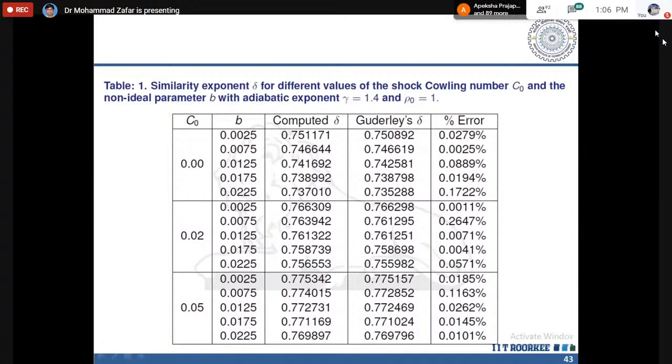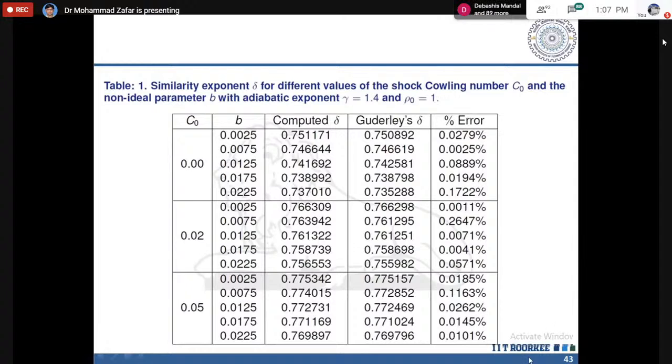Similarly, using the calculation which we have just performed using the RK method, we have obtained this table for different values of shock coupling number and van der Waals excluded gas volume. So we computed different exponent data for the fixed values of C naught and B like this.